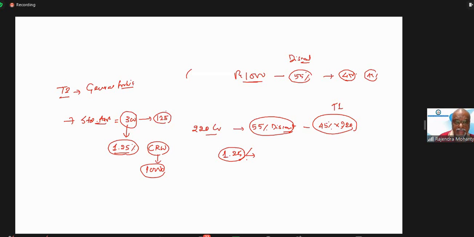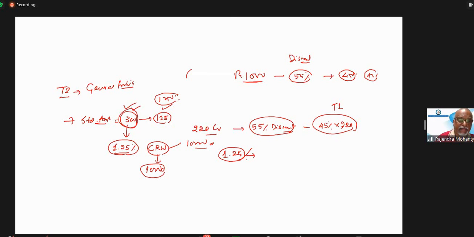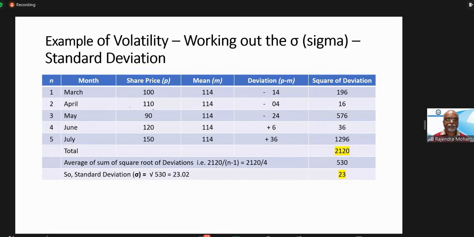So how much do you take? 125 or 300, whichever is lower. Suppose it is say 1 lakh, then 1.25% of 1 lakh becomes 1250. So 1250 is higher, so in that case you have to take 300 only. Whichever is lower, you have to take. Okay, sir. Standard assets.